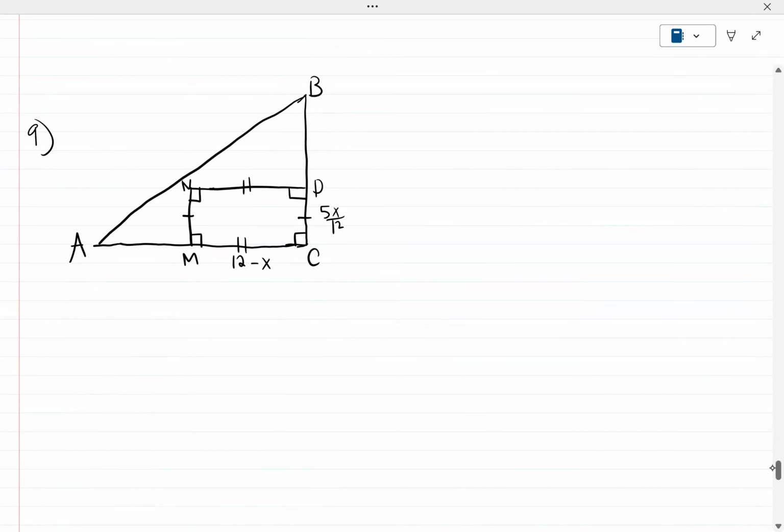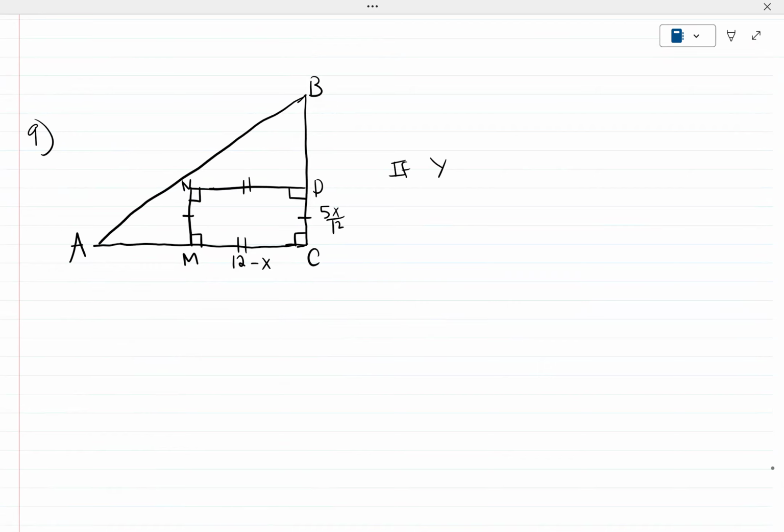Okay, so here we have this, oh, this looks like some kind of triangle with a rectangle in it. Oh, and it says if Y, so let me write this down. I didn't write this down.